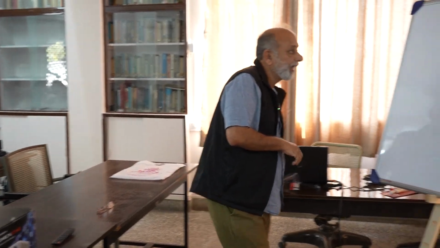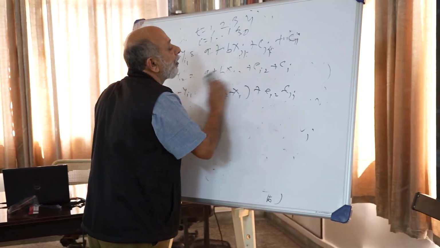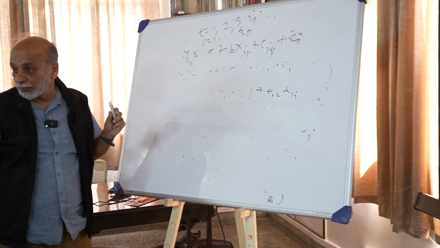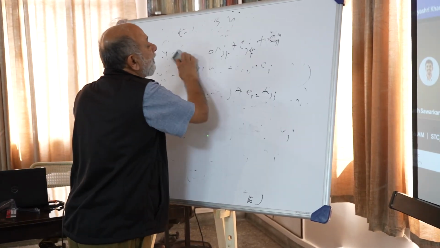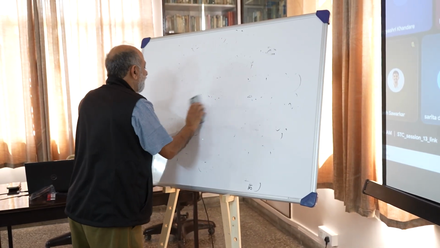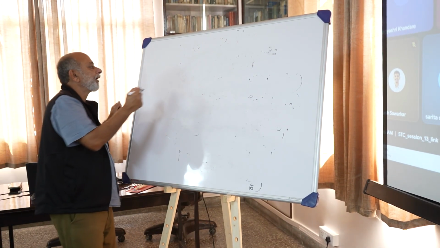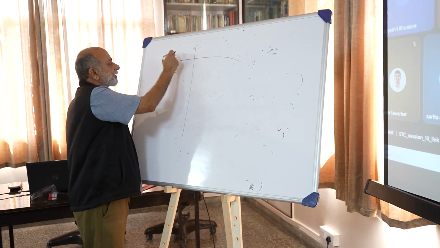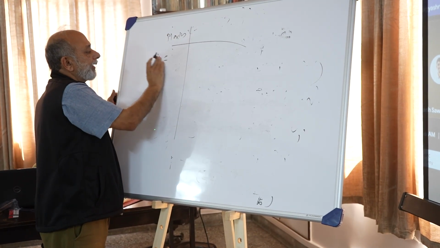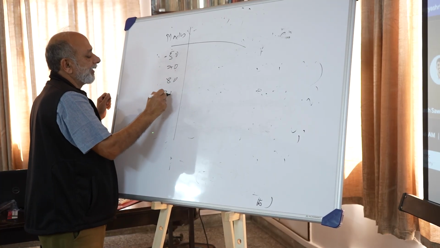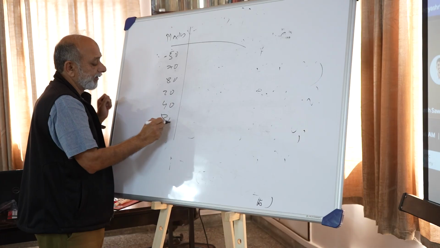The other way to deal with it is to say, okay, I have got these 30 students. So my data look like this: marks will be, say, 50, 70, 80, 20, 40, 30.